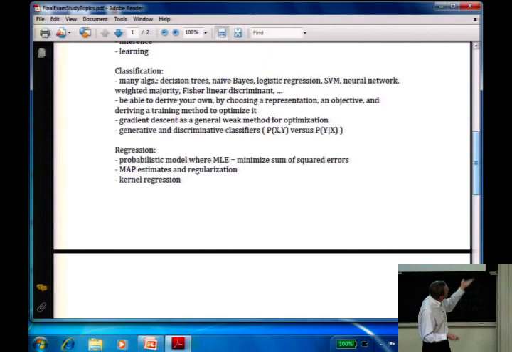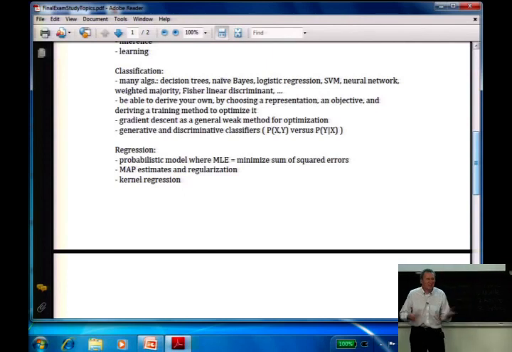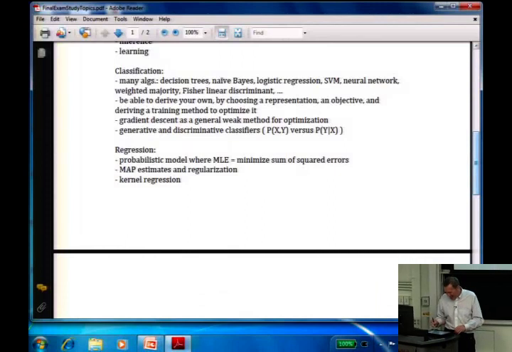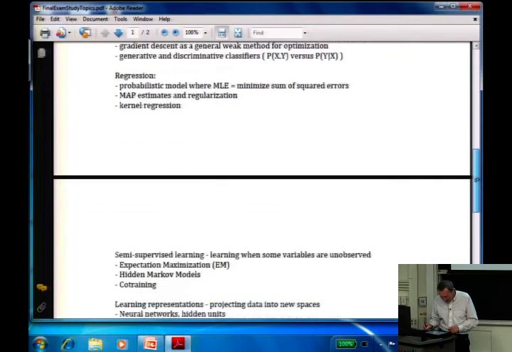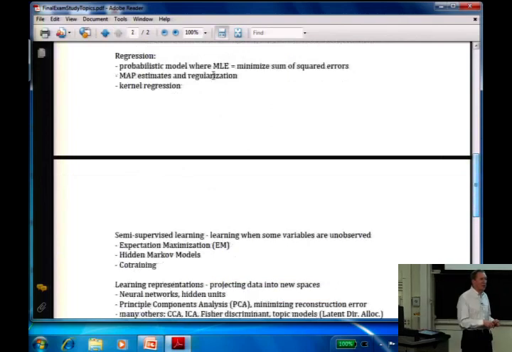We talked about regression, which is really just classification with real-valued output instead of discrete. And importantly, we talked about kernel regression.